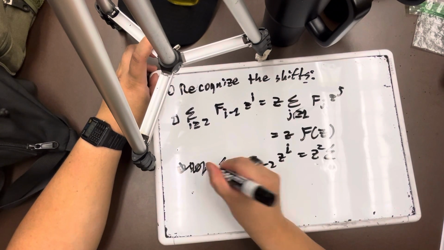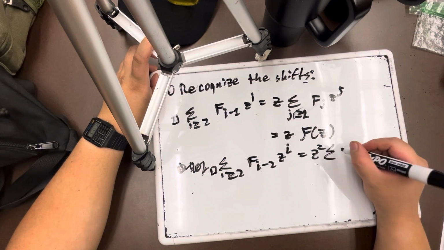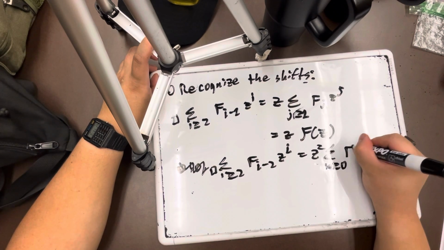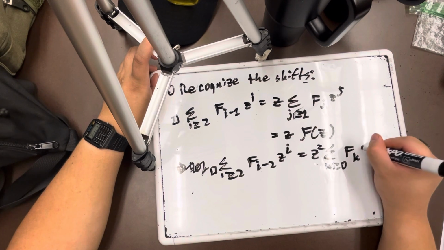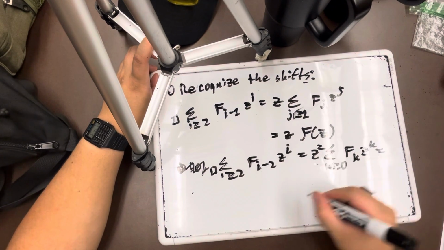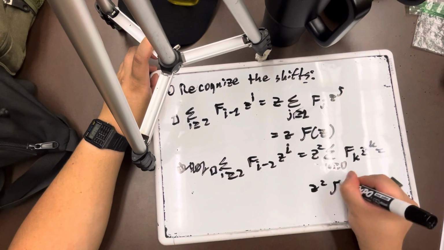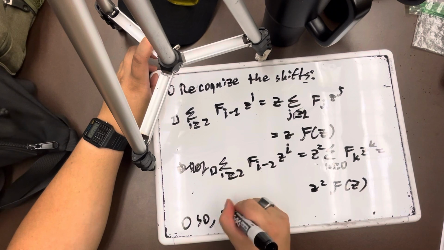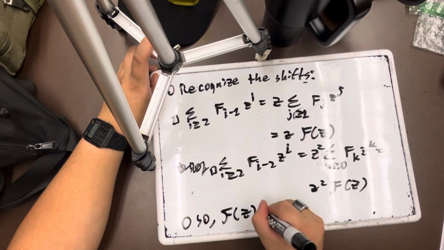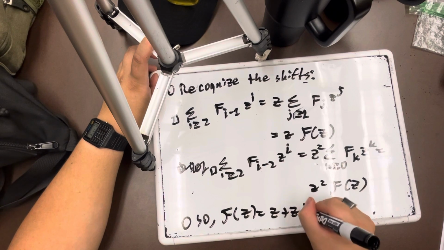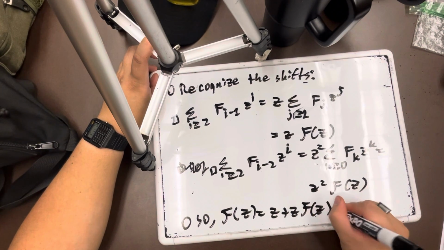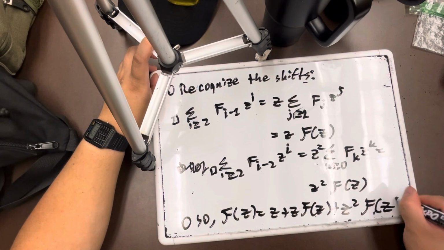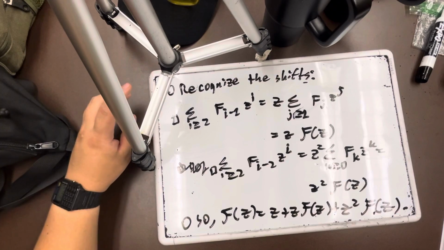So it is equal to z squared times the summation from k greater than or equal to 0 of f sub k times z to the k, which is equal to z squared script f of z. So script f of z is equal to z plus z times script f of z plus z squared script f of z. Okay? And therein we have first part nailed.